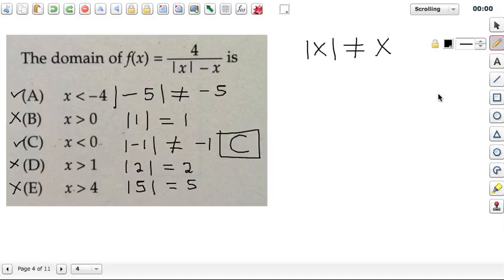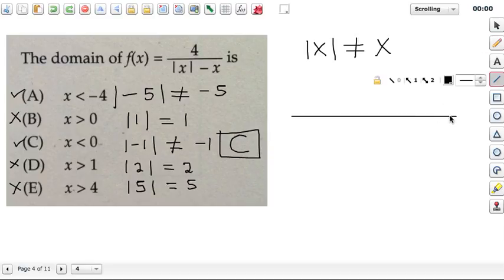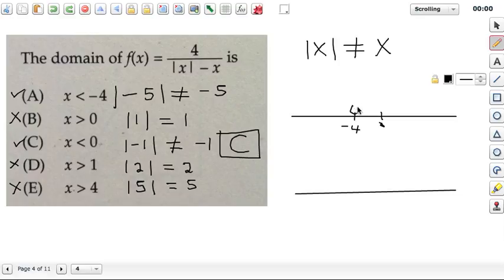I also like to look at it from a number line point of view. So this would be choice A, and this is choice C. And for choice A, if this is 0, and let's say negative 4 is here, and they're telling us that the domain is all of these values, which is true, it works.